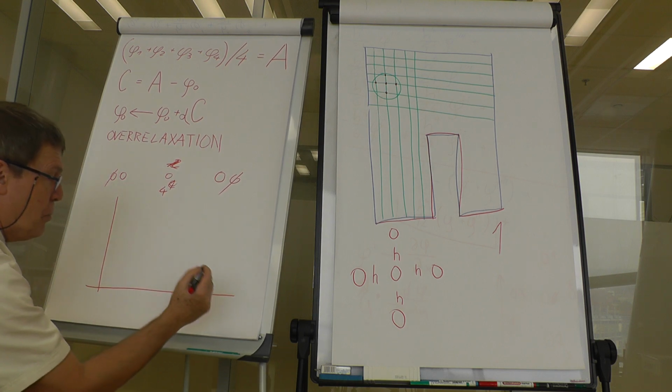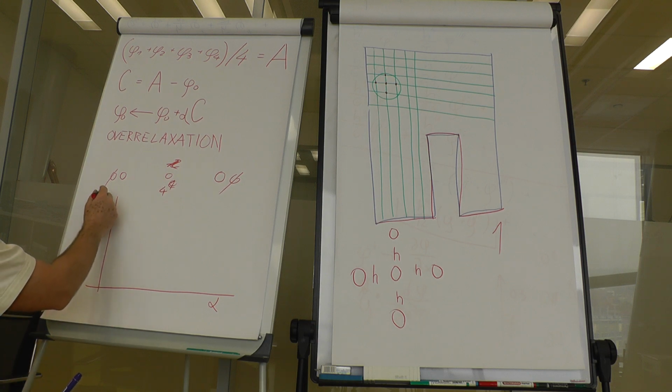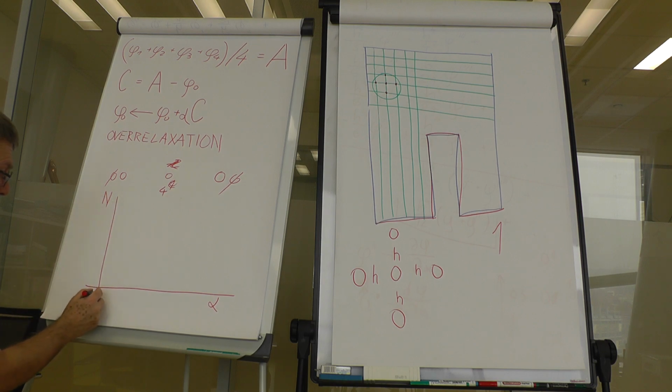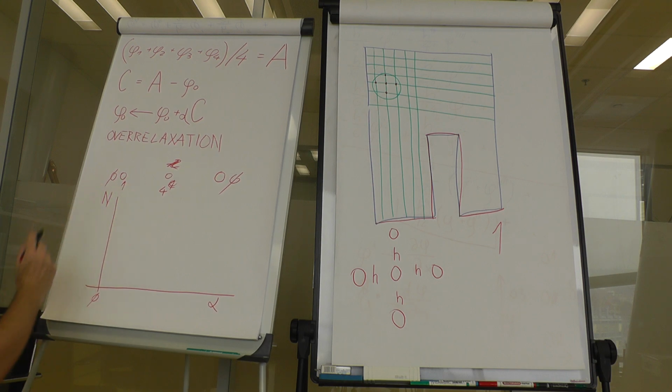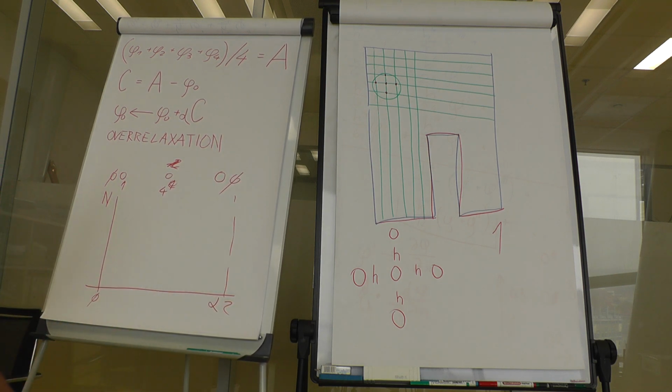So if we plot the coefficient alpha and the number of iterations necessary to reach precision, we would have, well, for alpha of 0, we get to an unlimited number of iterations. Then for alpha equivalent to 2, we get to divergence.